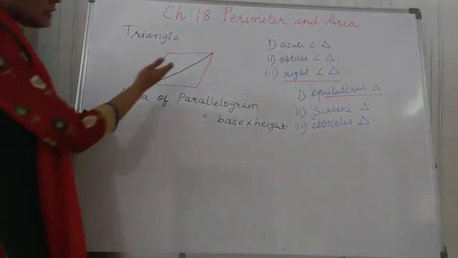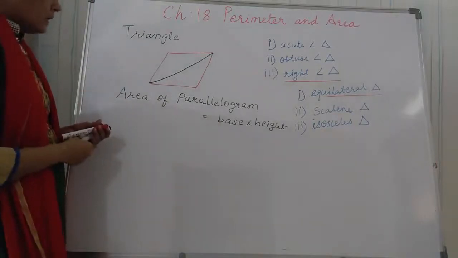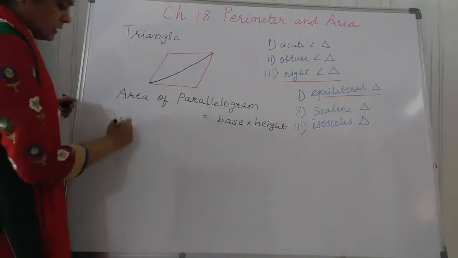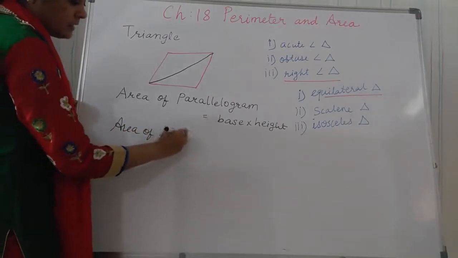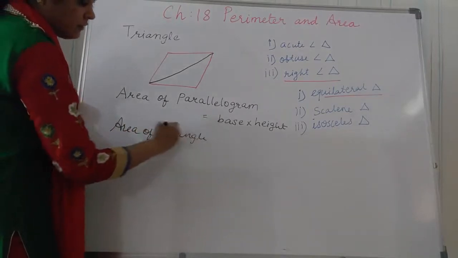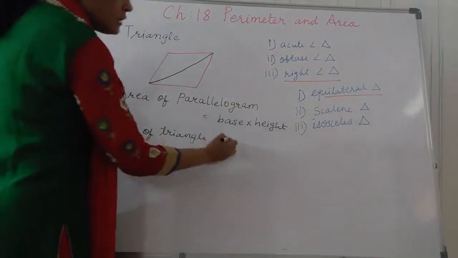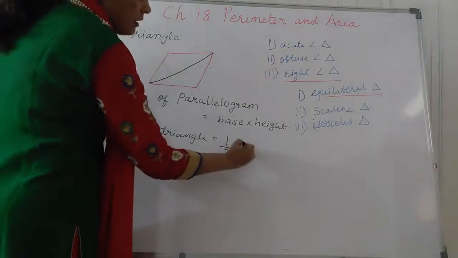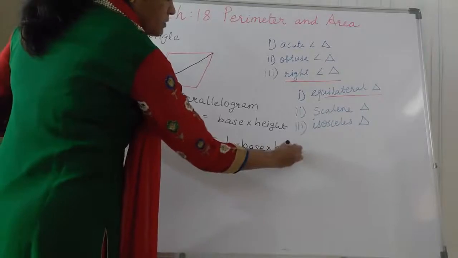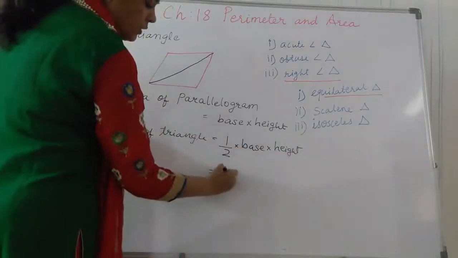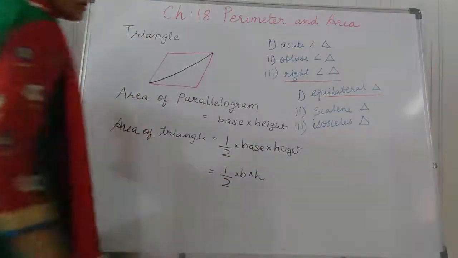So now you can see the triangle is exactly half of the parallelogram. So we write the area of triangle as half base multiplied by height. In short, students, we can write half b multiply h.